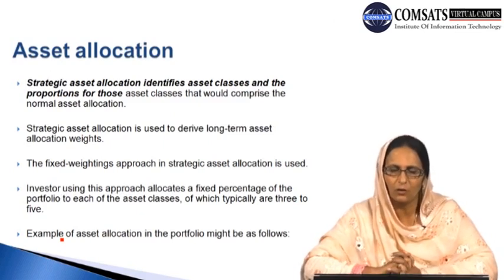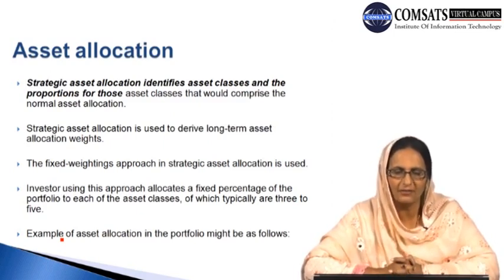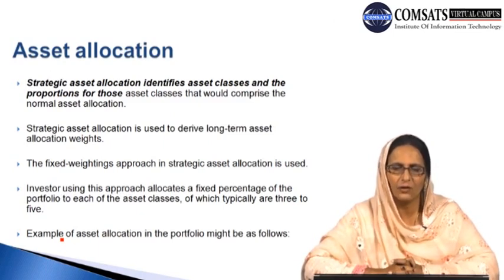They would follow the normal track for the allocation of the assets, and this is also known as strategic asset allocation. They are for long-term use, and the fixed weight approach is also used. The investor using this approach allocates a fixed percentage of the portfolio to each of the asset classes, which typically are three to five.